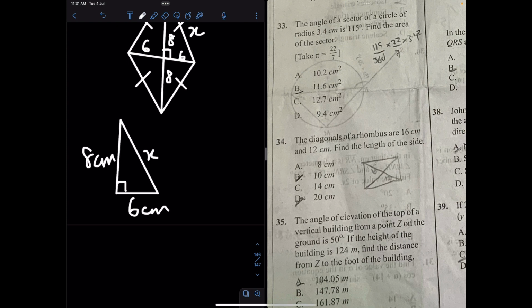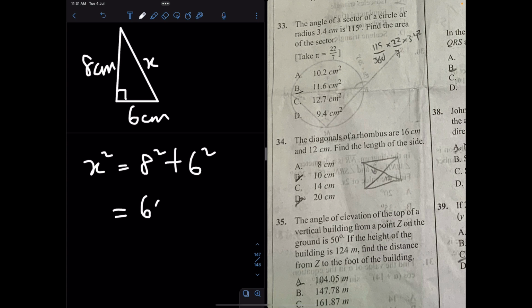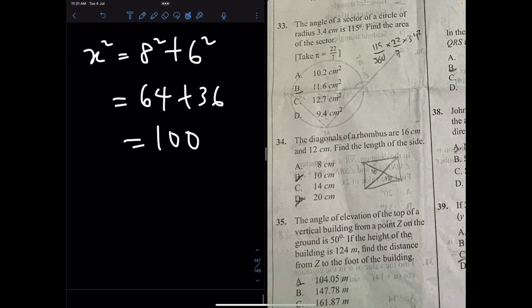The triangle is a right angle triangle, and that simply means x squared equals 8 squared plus 6 squared. That's using Pythagoras' theorem, and that's 64 plus 36, which means x squared equals 100, and x is equal to the square root of 100, which is 10 centimeters. So the length of the side of the rhombus is 10 centimeters.